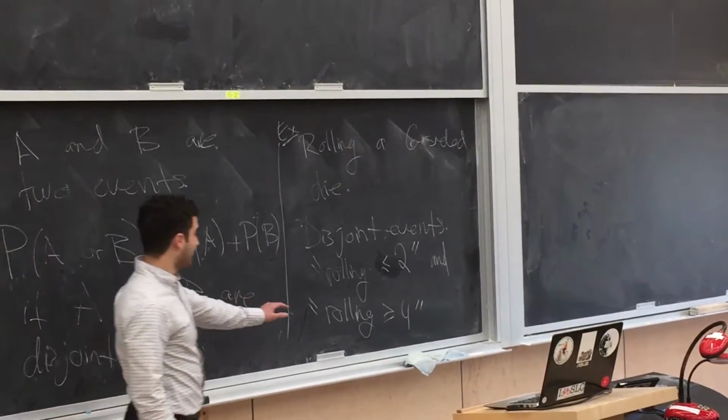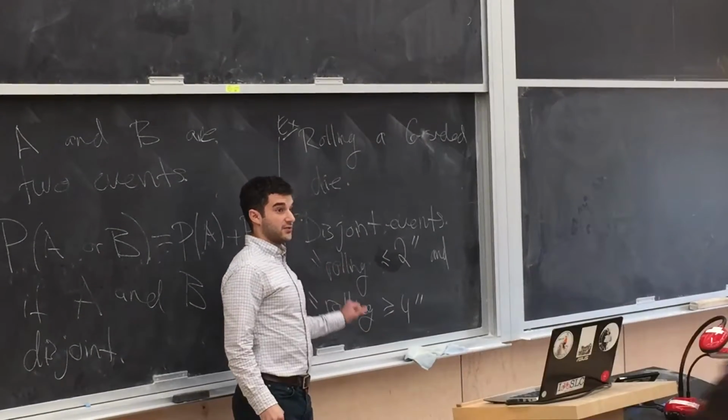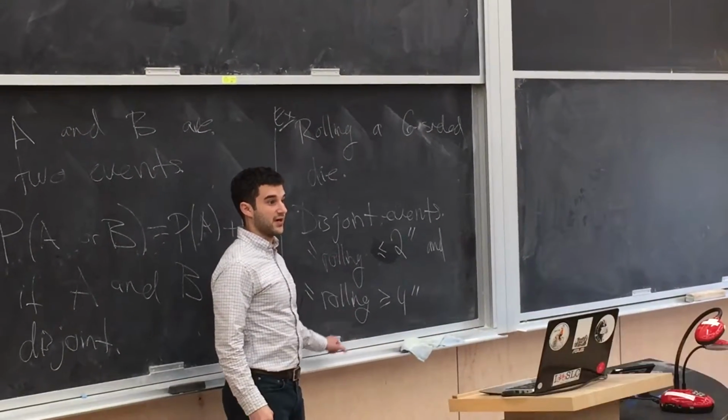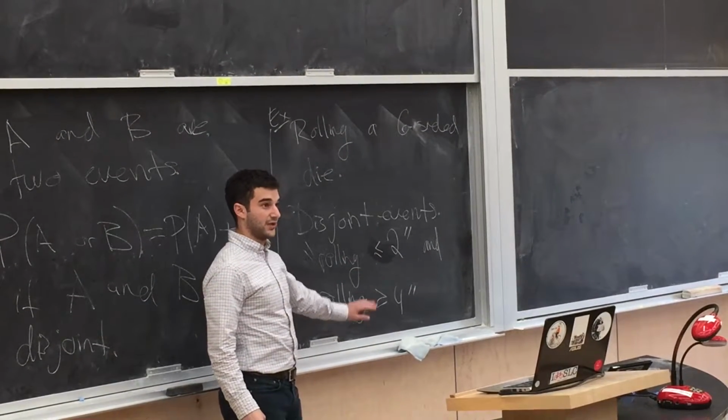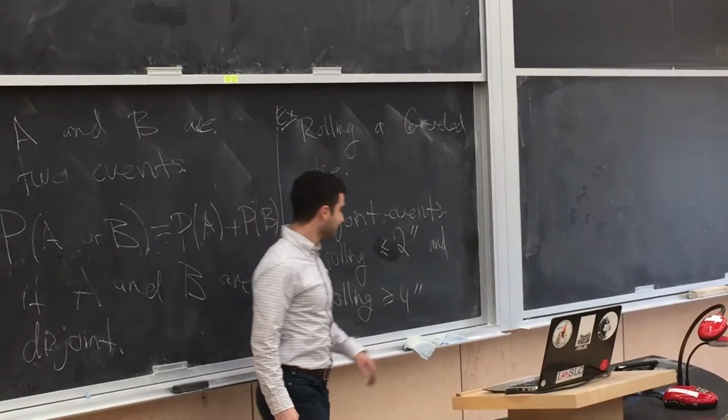So these are 2 events that there's no way for both of these to happen at the same time. You can't be less than 2 and also bigger than 4.